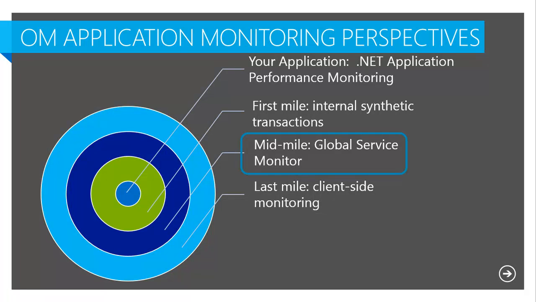There are a lot of rules which you specify for what it means for your transaction to be correct. For example, you can monitor the time it takes for each step to execute. You can monitor redirect URLs. You can monitor content which is returned, and of course HTTP status and things like this. So very rich functionality here.